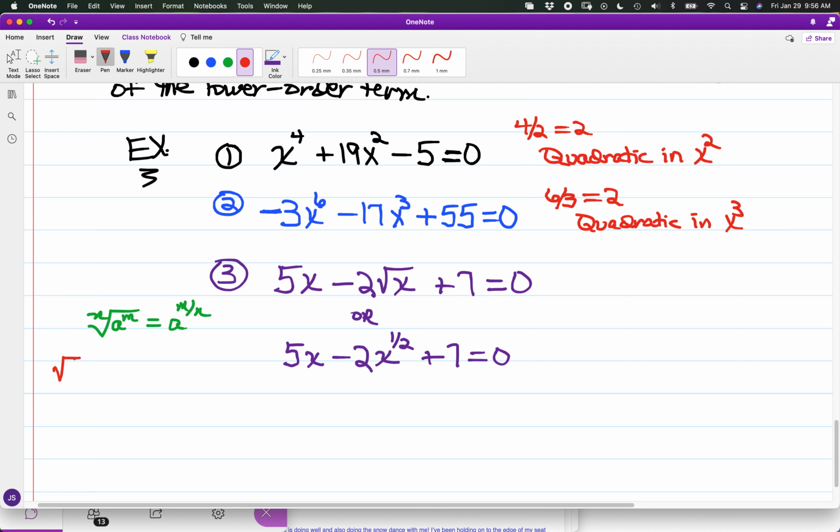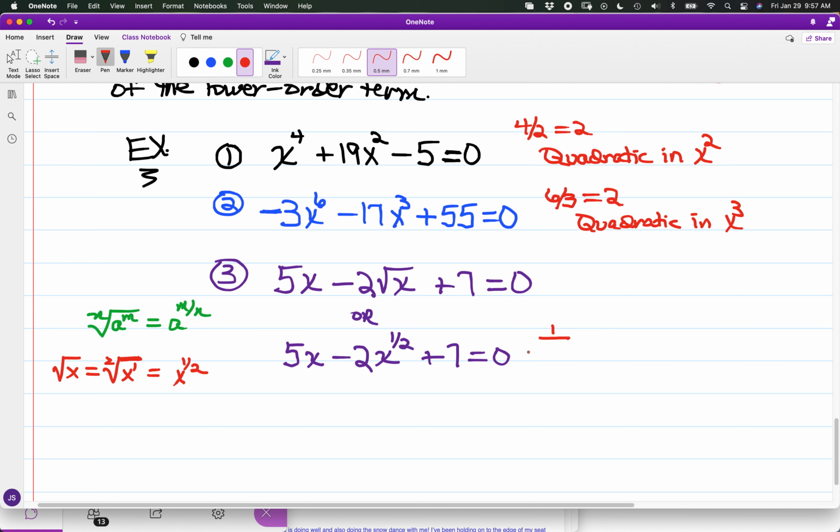Let's say for the square root of x. Again, square roots, you have implicitly that the index number is going to be at 2. And x, if I were to express in exponential form, you have x to the first. And you have a is represented by x, and m over n becomes 1/2. And notice, for the comparison of the degrees, from 5x I have the degree at 1.